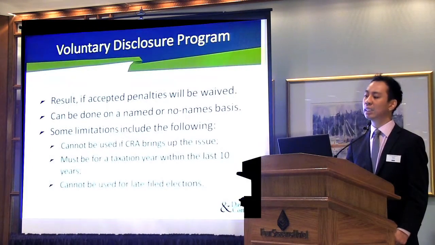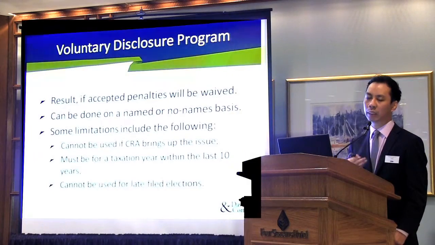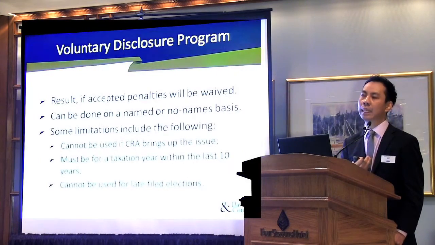And in addition to that, you actually have a 90-day window to get all your ducks in order and submit all of the tax filings to the CRA. So this is really helpful in a situation where you're going to do a voluntary disclosure submission, but it may take you some time to actually submit everything.